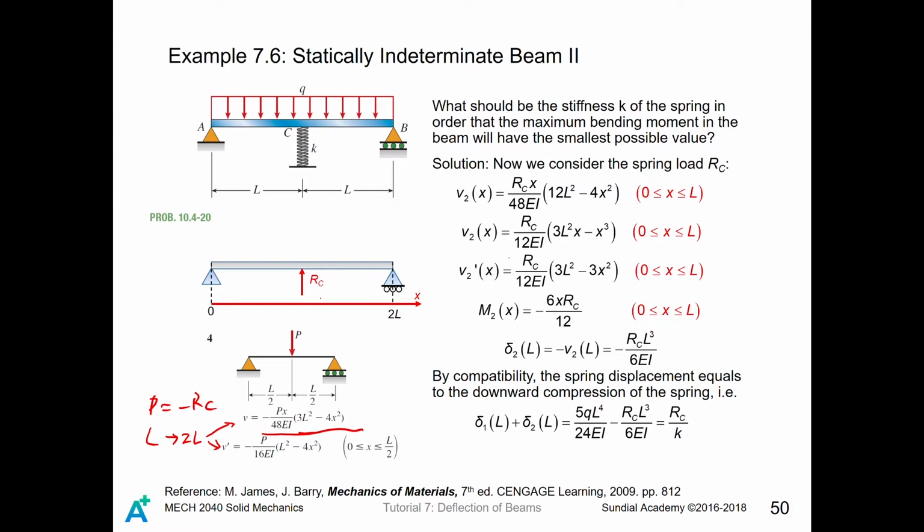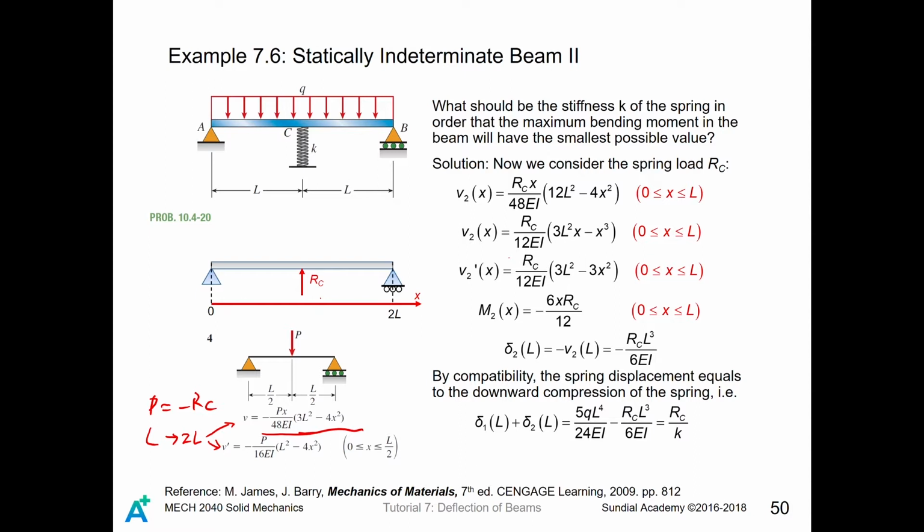The reason is that you are going to push this beam upward by using a spring. That means the deflection is now negative. You are against the deflection caused by the distributed load.